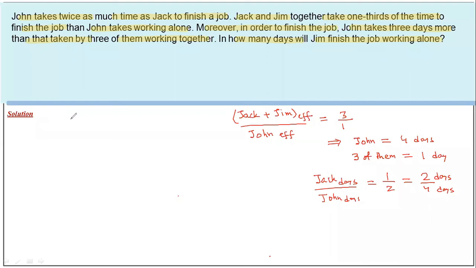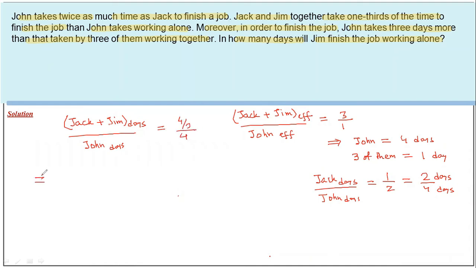Similarly, Jack plus Jim, so days required by John, the ratio would be 1 by 3, so it is 4 by 3 by 4.